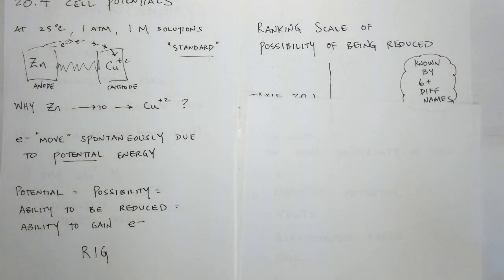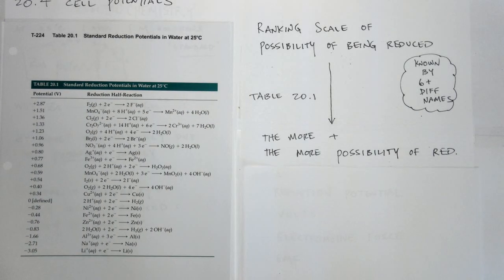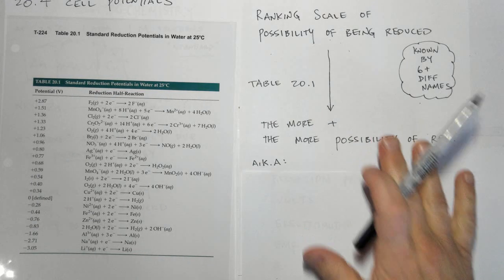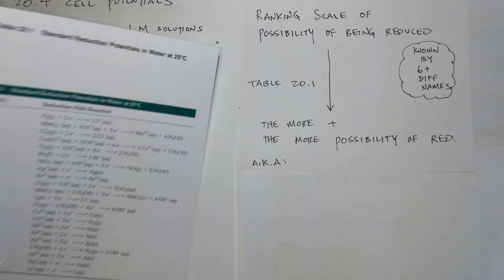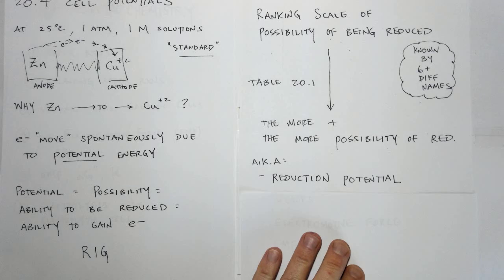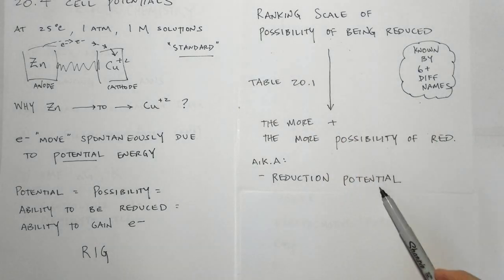This ranking scale of possibly being reduced is known by at least 6 different names. The more positive, the more possible of being reduced, and the fancy names for these, the ones that you'll find in textbooks, on tests or quizzes, is the reduction potential, the potential, the possibility of reduction happening to it.